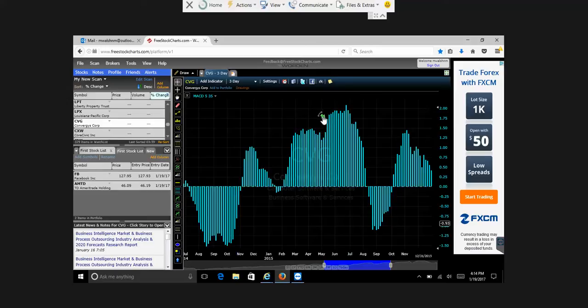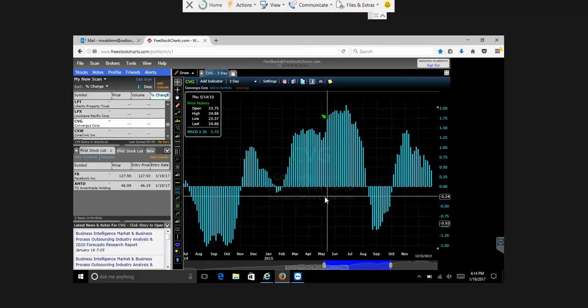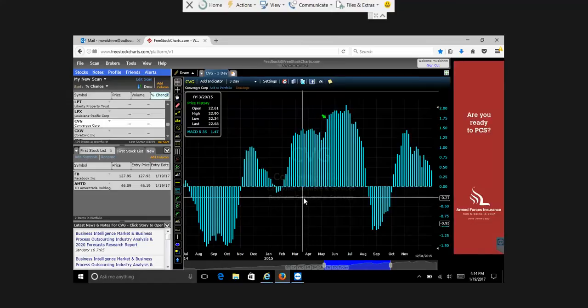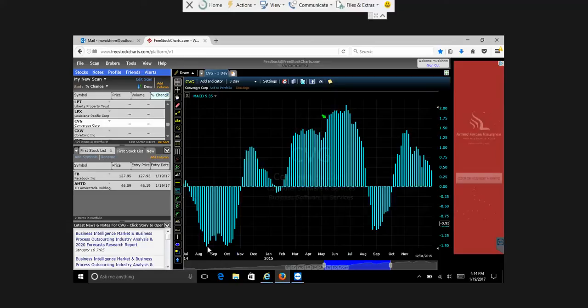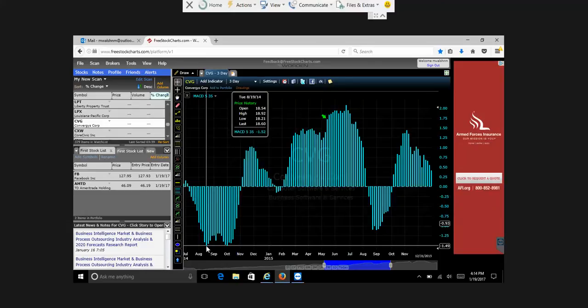Now I'm pinpointing exactly where it became eligible, right there, when it hit 1.72. And if you look here, this was the other most recent highest peak. It only hit 1.47. And remember, we want it to go at least 1.52.